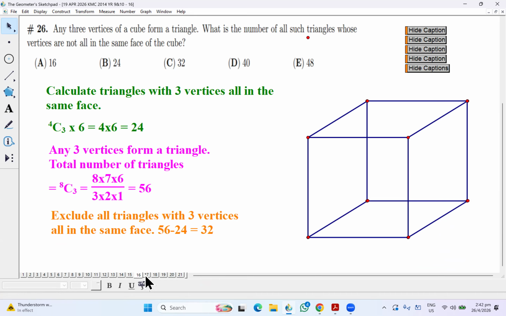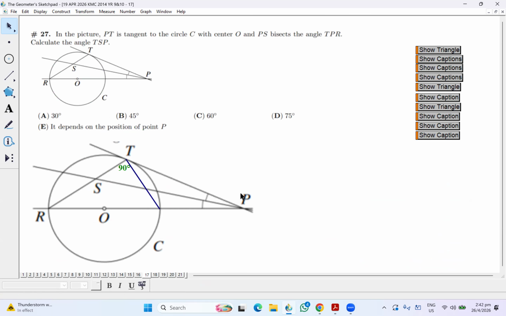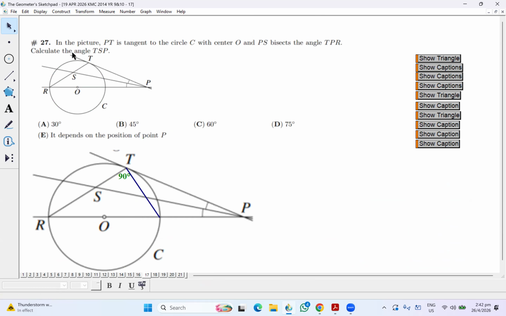Number 17. In the picture, PT is a tangent to the circle with center O. PS bisects the angle TPR. Calculate the angle TSP. So the first thing, I draw a bigger diagram.